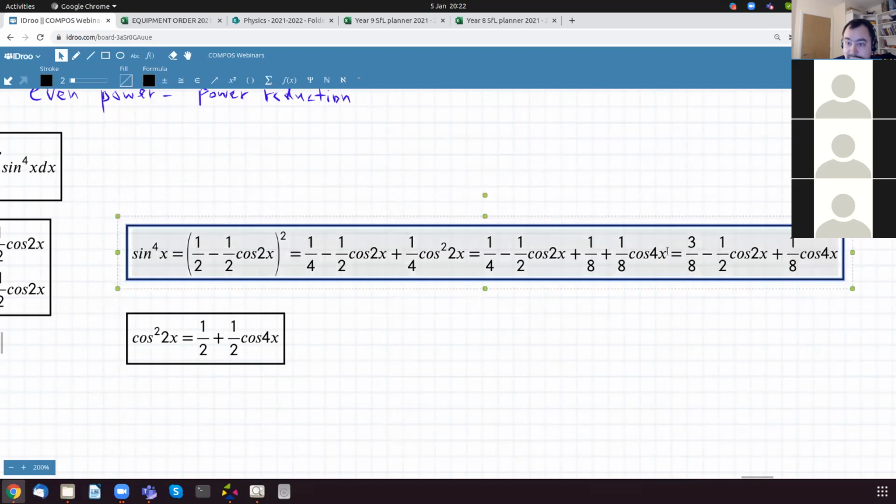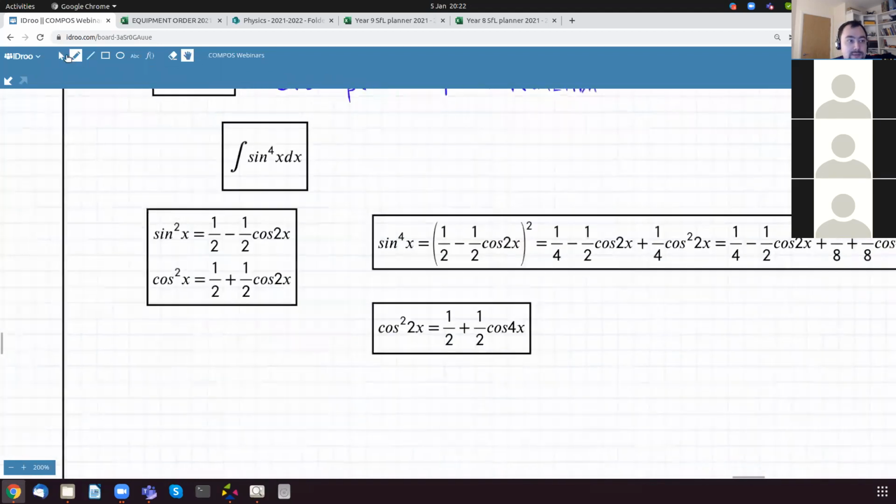I hope I didn't make a mistake here. Okay, and then I simply take this and find the integral. Actually, you know what? I'm just going to do it here.